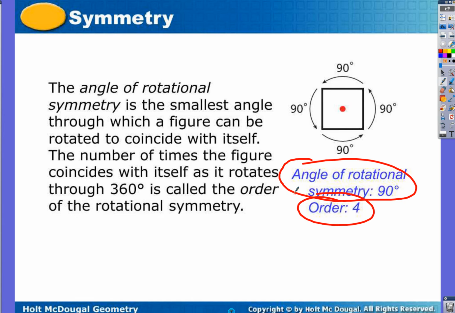The angle is how many degrees it would have to rotate before it starts looking the same. The order is how many times that could happen in 360 degrees. So if the angle of rotational symmetry is 90, the question is how many 90s fit into 360? 4, then that becomes the order.